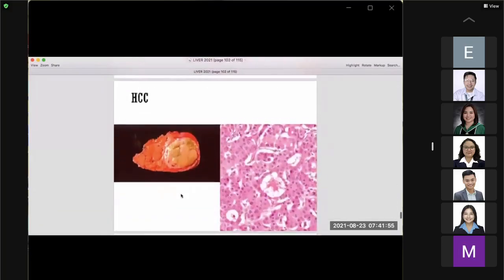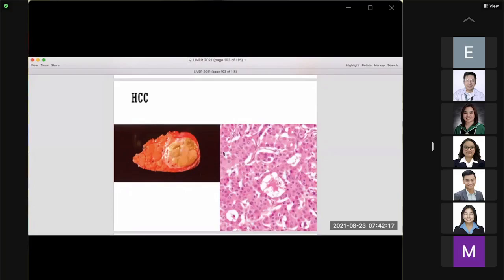So this is the gross morphology. Again, there is a tumor here. Okay, needs to be biopsied and visualized microscopically. You get to see large cells with increased NC ratio, hyperchromatic nuclei.